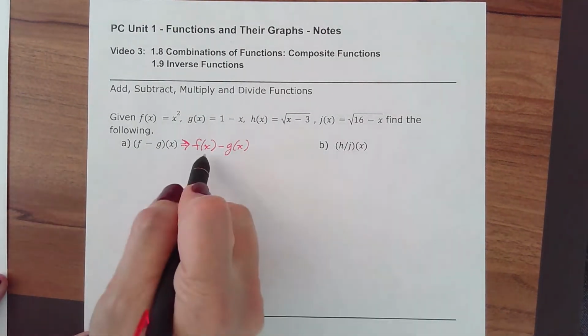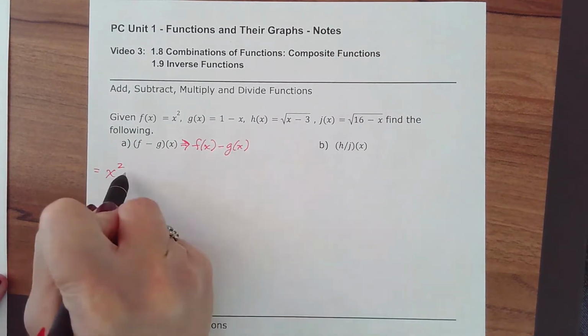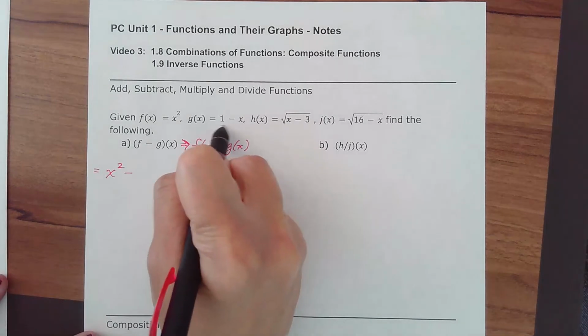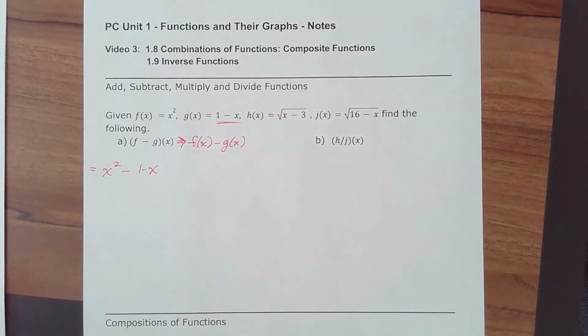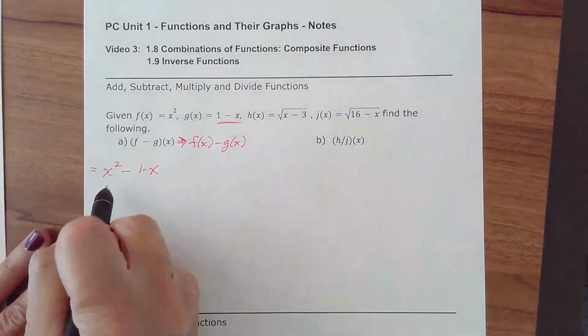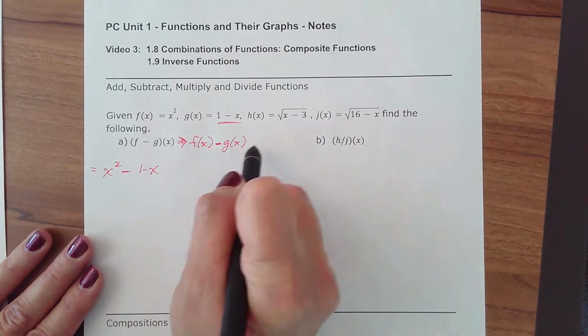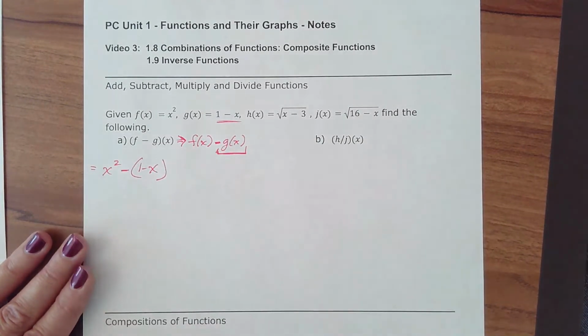So let's do that. Let's take our f of x equation, which in this case is x squared, and then subtract our g of x equation, which is this. Here's the biggest mistake: people will do this and say, all right, I'm done. The problem is that because we're subtracting the entire function, you need to put this in parentheses.